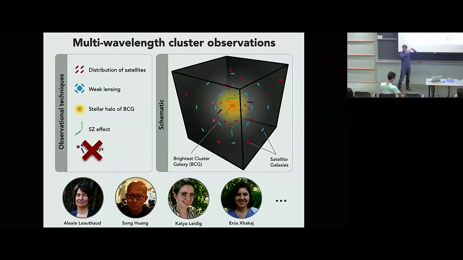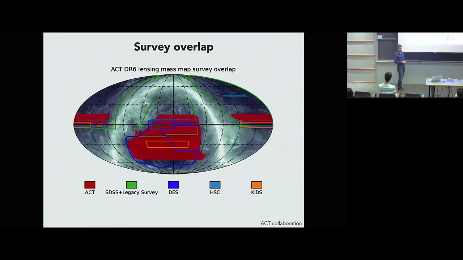And this has only become possible recently with these overlapping surveys, right? We now have beautiful stellar halo images from HSC. We have DESI, DES, we have ACT for SZ, and so on and so forth, right? And these footprints have really started to systematically overlap, where we can imagine doing this for a significant number of clusters.